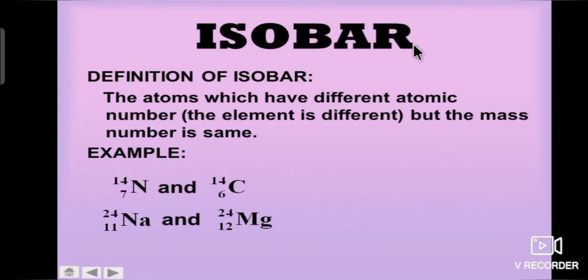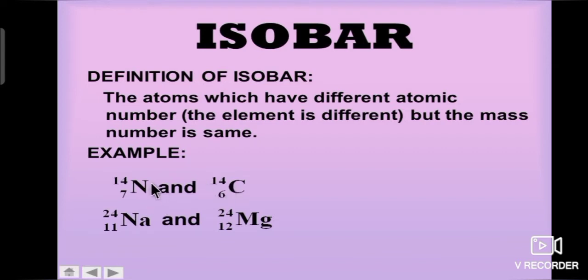Second one, isobar. What is an isobar? Atoms which have different atomic numbers but the same mass number are called isobars. For example, nitrogen and carbon have different atomic numbers but the same mass number.